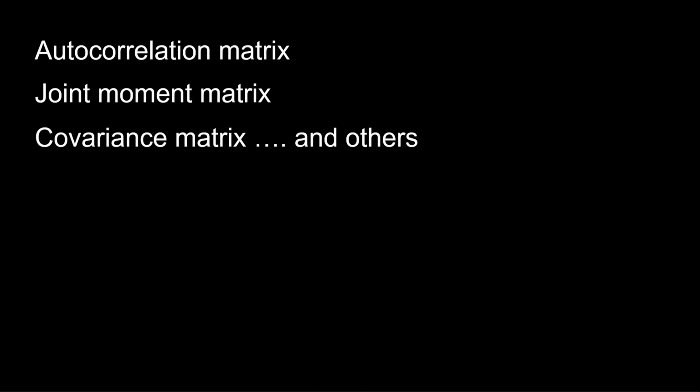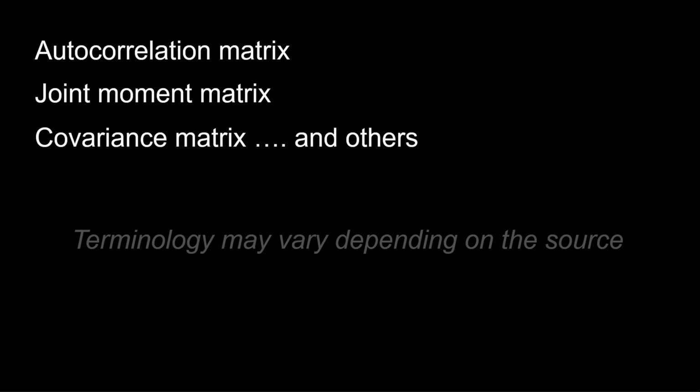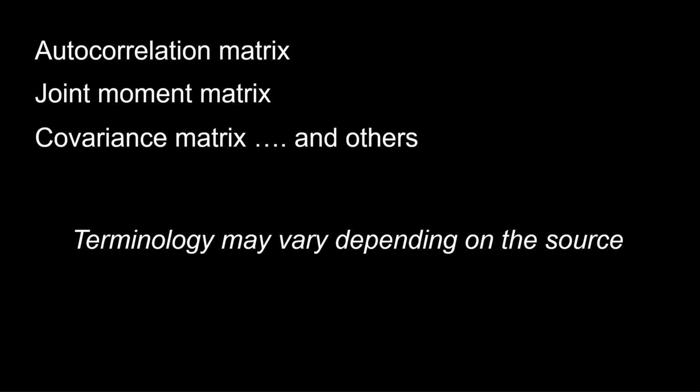So far, we've discussed the covariance matrix, the joint moment matrix, the autocorrelation matrix, and some other statistical definitions. I've found that some textbooks use different names for the same matrix, such as the correlation matrix instead of the covariance matrix. Luckily, in such textbooks, you'll get a definition of what's intended mathematically.